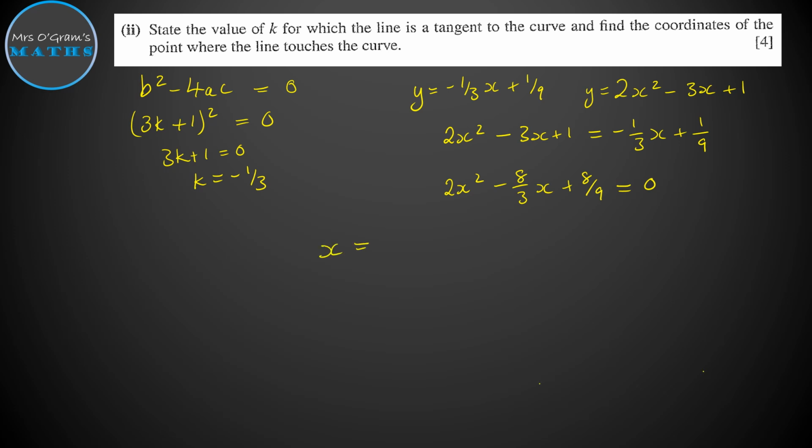So x will be minus b, which is 8 over 3, plus or minus the square root of the discriminant, which we know is going to be 0, so I'm not even going to bother with the working out there, because it's tangent, that discriminant will be 0, all over 4. Therefore x equals 2/3. When x is 2/3, substitute into the equation and we get y is minus 1/9.